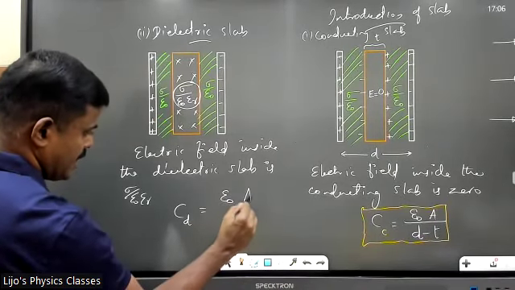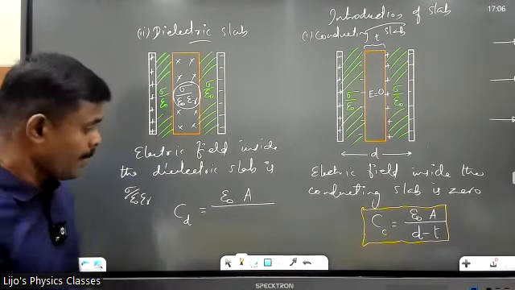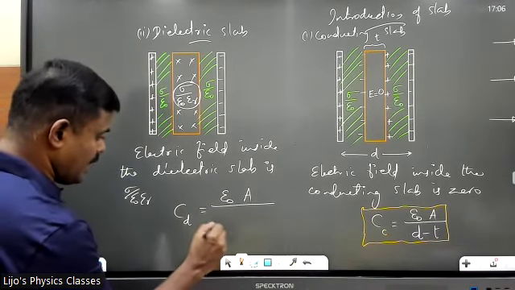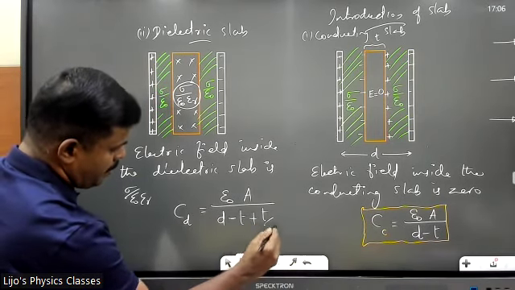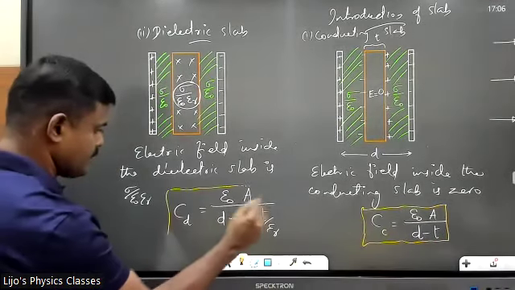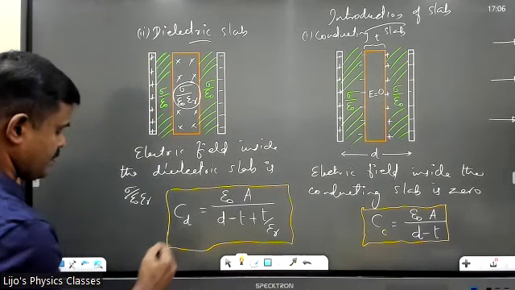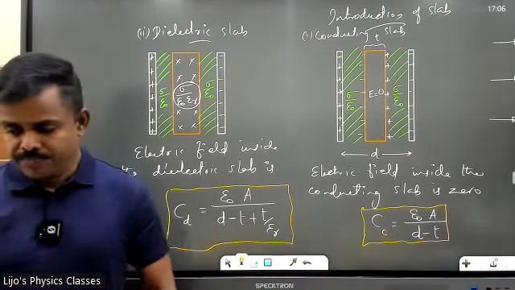C dielectric is equal to epsilon 0 A divided by D minus T plus T by epsilon r. I'll tell you how this will come in numericals.